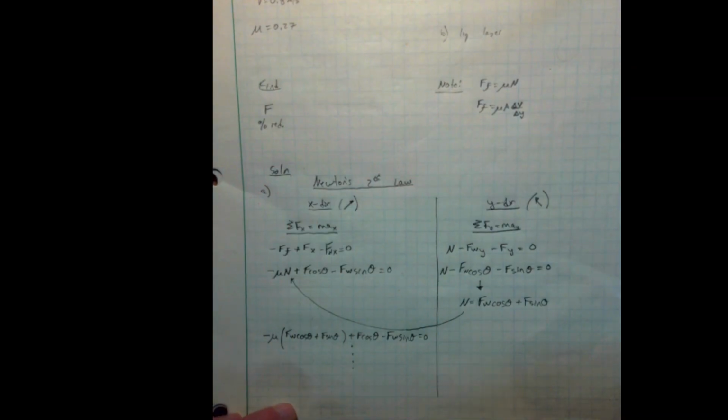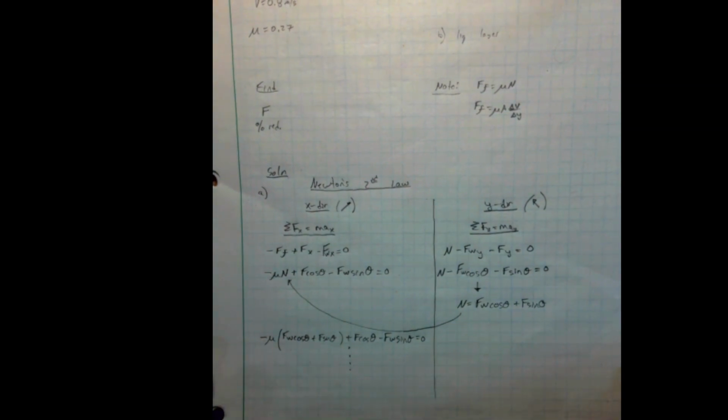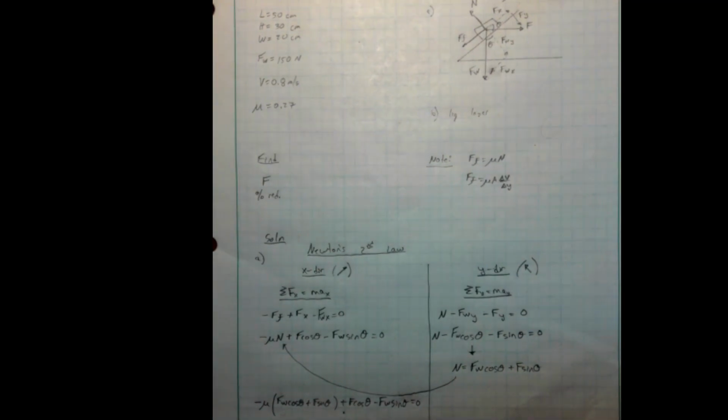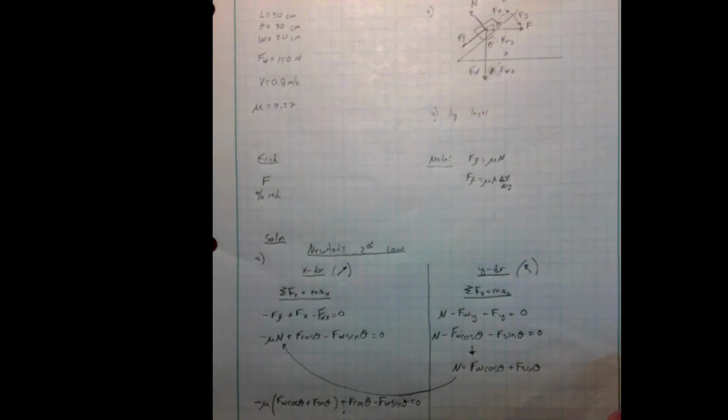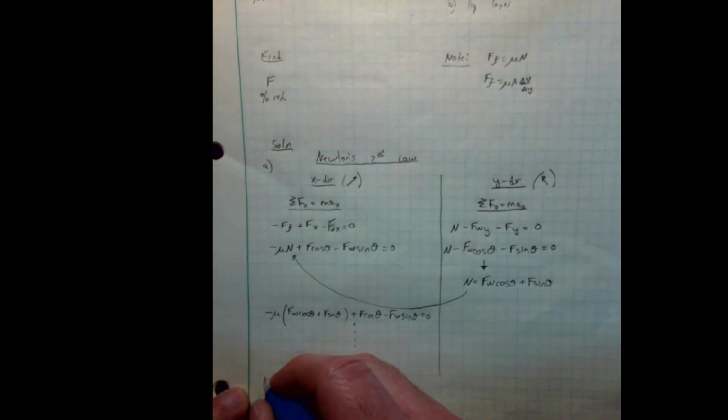Honestly, for part A, if you show me to here without plugging numbers, I'm okay. Why? Because I'm making sure you understand the physics background, because we're going to be doing forces when we do hydrostatic forces. And then part B, you do the same thing.